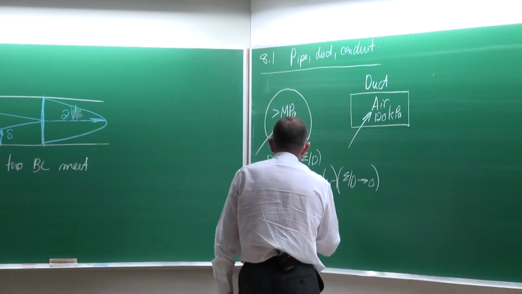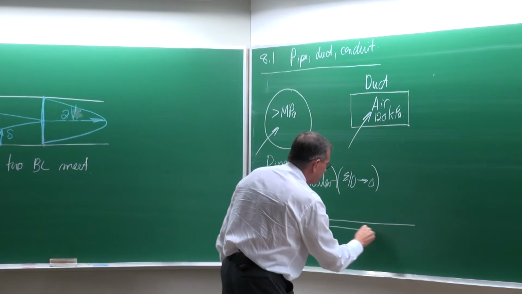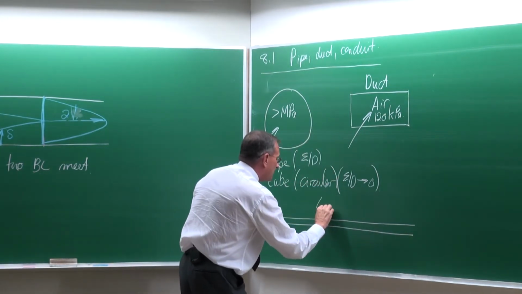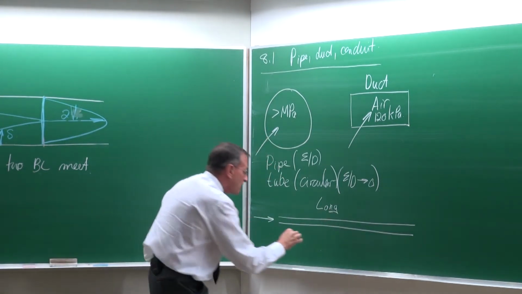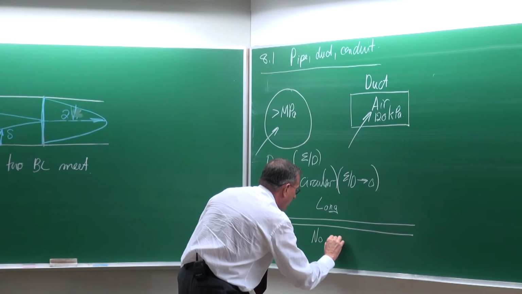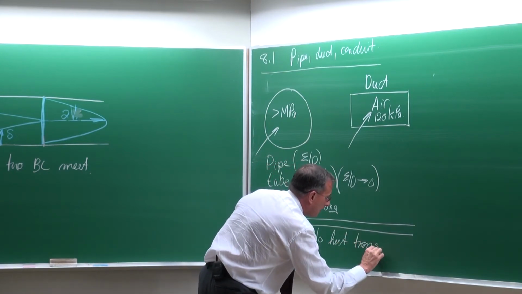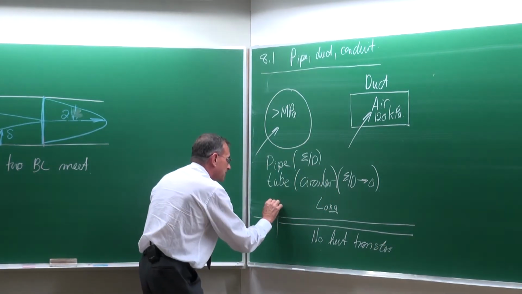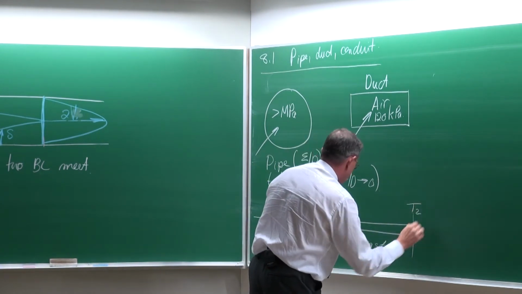What is also important is that if we've got flow through a tube or a pipe, and this can be very long, and there is no heat transfer, then this temperature, T1, would be equal to T2.